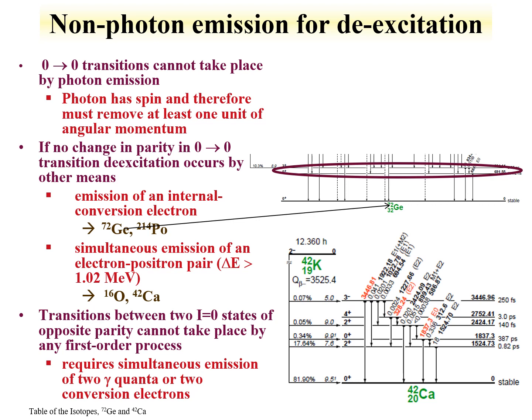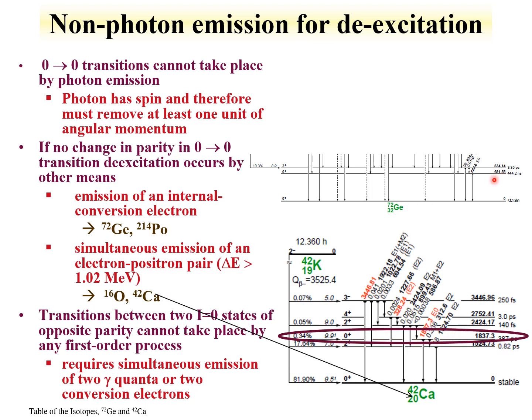For instance, for this example with germanium-72, this de-excitation occurs by internal conversion electrons. So that energy, which is 691 keV above the ground state, results in the emission of atomic electrons with that energy.